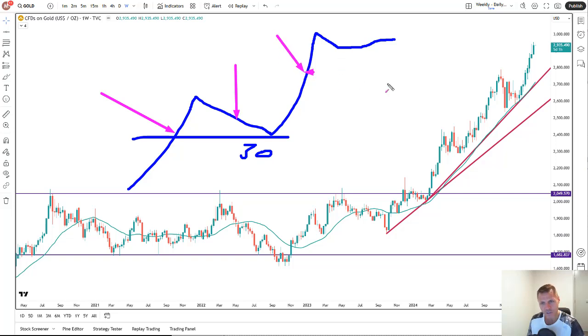Look at this: energy using, energy building, energy using, energy building, energy using, energy building. Now we're using energy to go up. See how the market just flows like that.